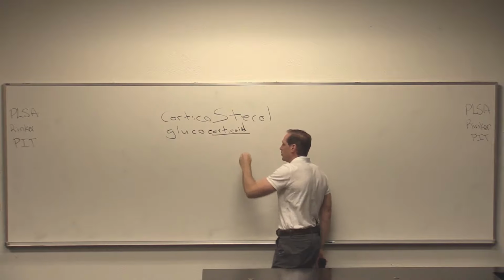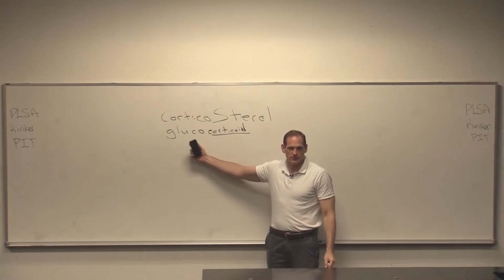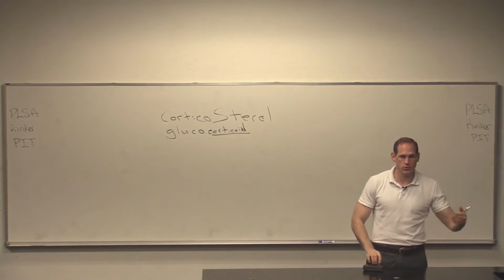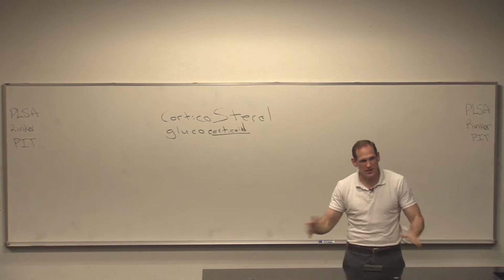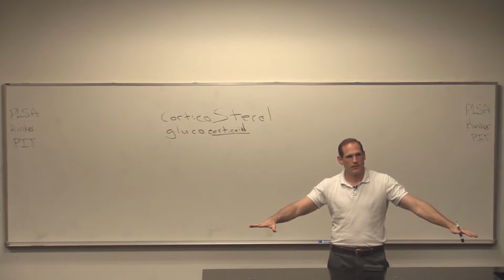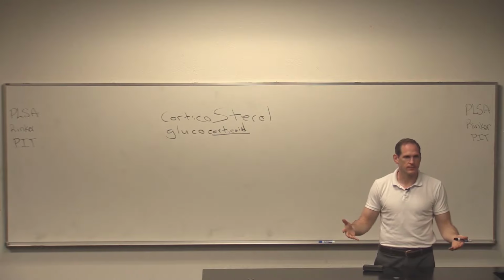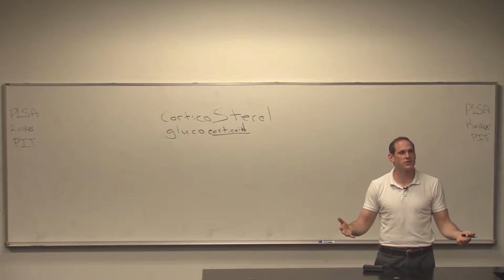So the thing from the cortex that affects glucose. You'll hear those terms used interchangeably, glucocorticoids and corticosteroids. They're the same thing. And they're drugs that activate what receptor? Cortisol.